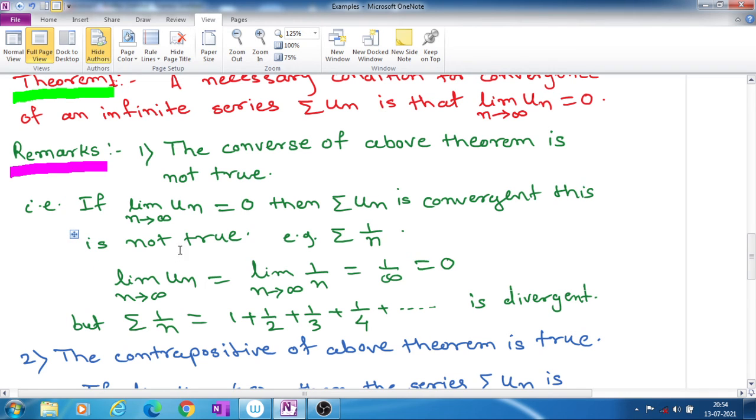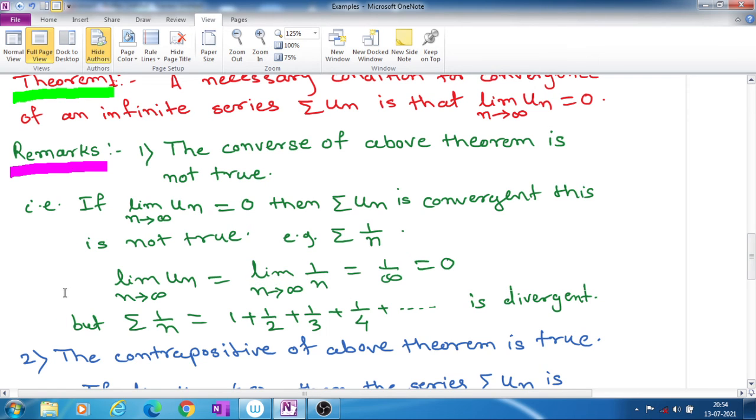That means if the limit of the nth term is equal to 0, the series is not necessarily convergent. Here is an example for that. The converse of the above theorem is not true. That means, if the limit of un is equal to 0, then the series is convergent. This is not true. Our statement in the theorem is that if the series is convergent, then the limit of the nth term un is 0.